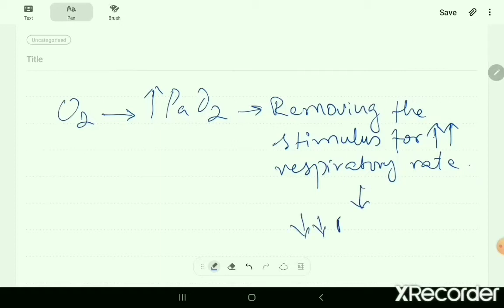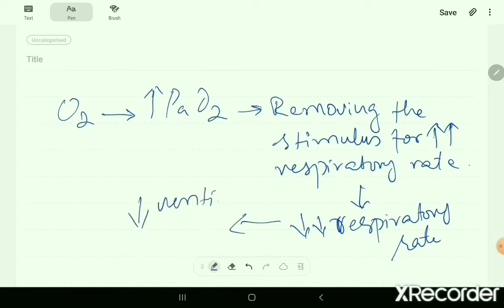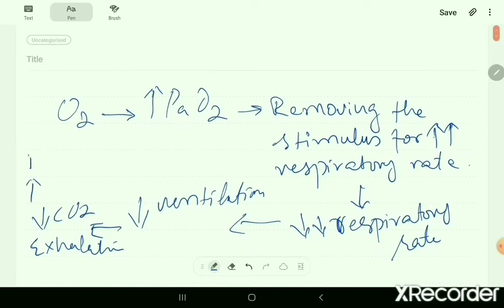A drop in respiratory rate means a decrease in the alveolar ventilation, and it means decreased carbon dioxide exhalation, and it means that there is retention of carbon dioxide. So this is one mechanism in which oxygen causes retention of carbon dioxide in a COPD patient.